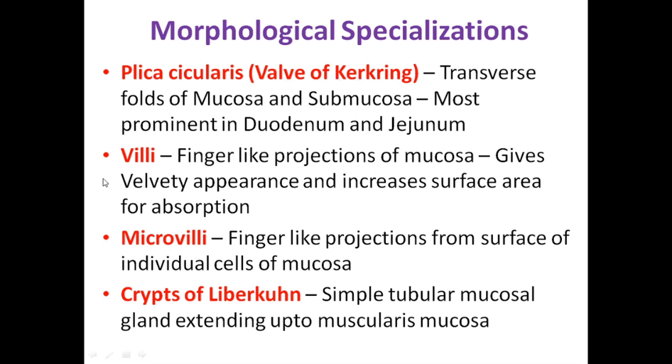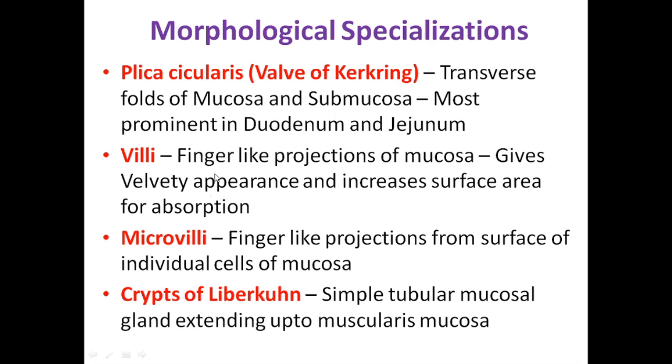Then apart from that, first of all it was mucosa and submucosa forming a fold, then on that fold the mucosa itself forms a finger-like folding. So it is slightly different. Here there was mucosa and submucosa both.